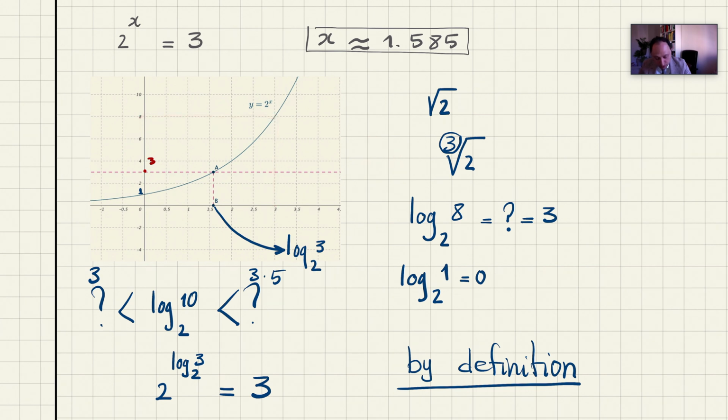If I ask you what is 2 to power 3.5, you start from 3.5, go up to the intersection, and then you get some number here that I cannot read. Now I am asking what happens if you raise 2 to this power. You find this number here, go horizontally, and you get 3. So 2 to the power of log base 2 of 3 is 3 by its definition.